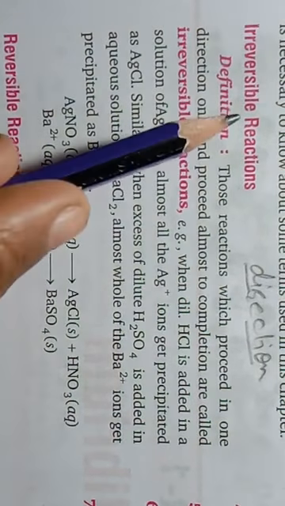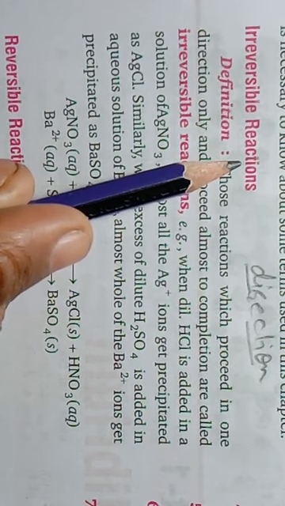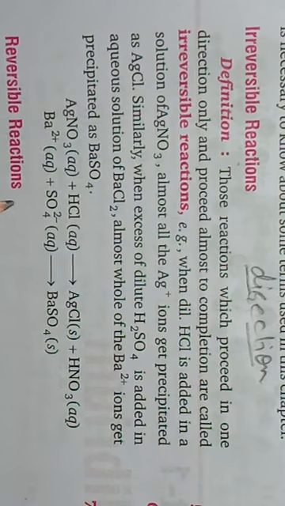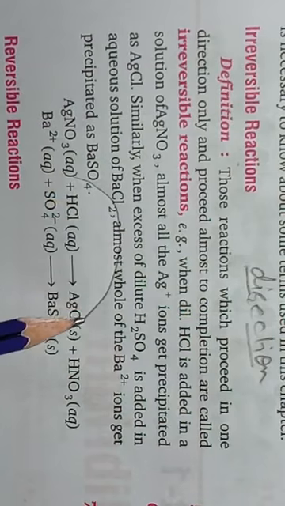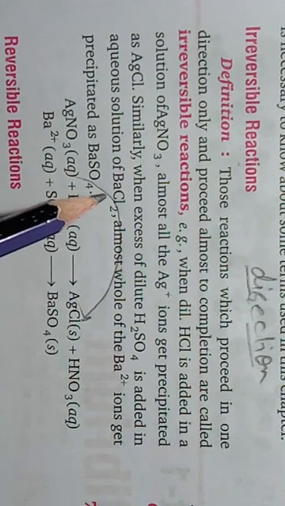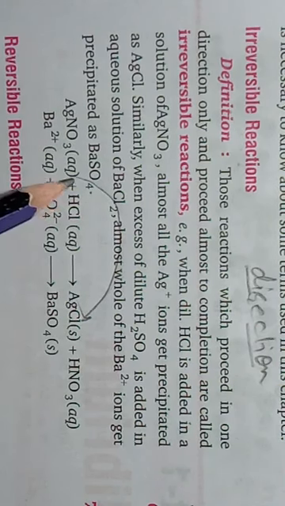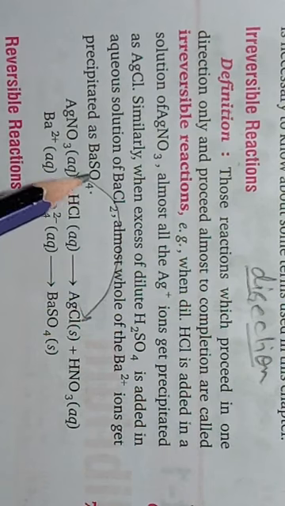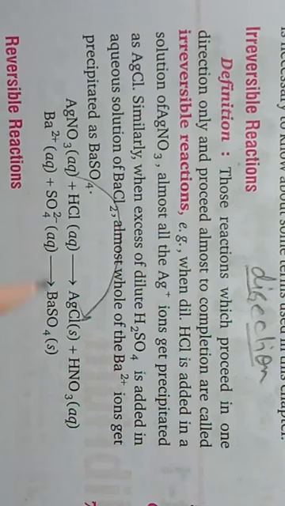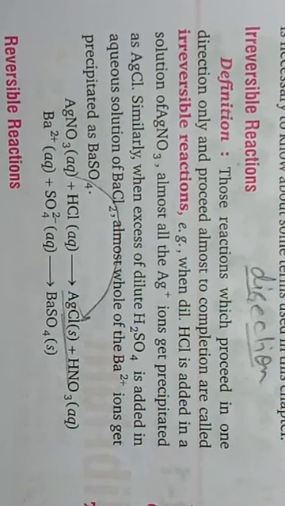First is irreversible reactions. These are the reactions which take place from reactant to product. From reactant to product means these reactions are unidirectional in nature, where reactants are forming product.